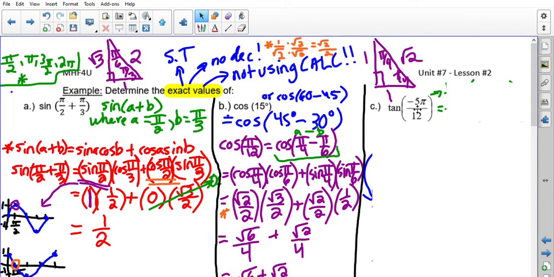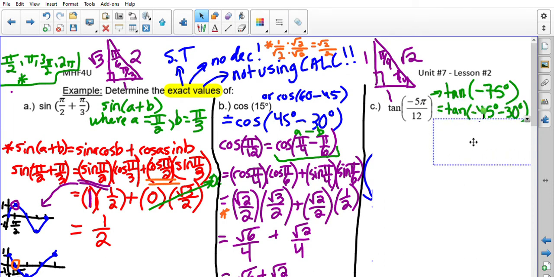All right, so tan negative 5 pi over 12. So I always convert this to degree measure to help me work with the numbers better. Okay, so I know that this is tan of negative 75. So I thought of writing this as tan of negative 45 minus 30, right?